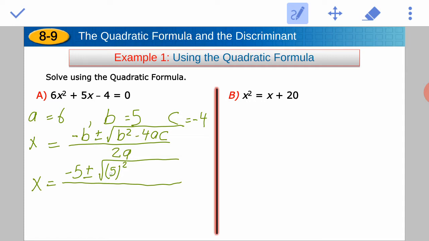Sometimes this value is negative, so if you don't draw the parentheses it's going to be the wrong value. So keep this habit and put anything raised to any power inside parentheses. Minus 4 times a, the value of a is 6, times c, the value of c is negative 4. Since it's a negative number, I'm going to put it inside parentheses, over 2a, which is 2 times the value of a, 6.